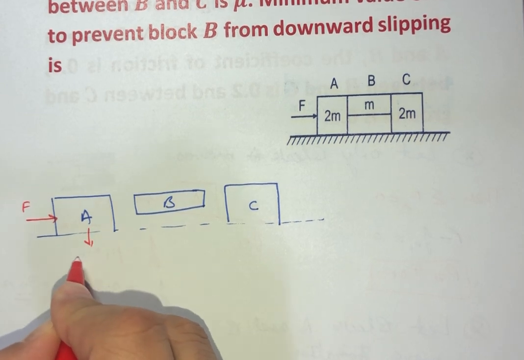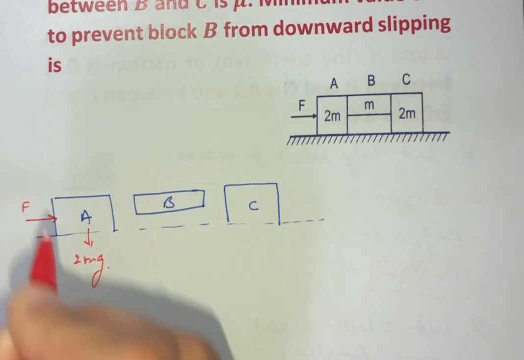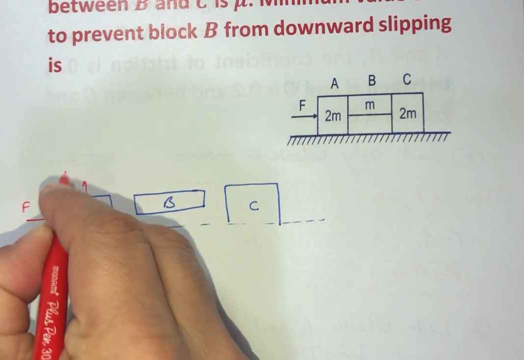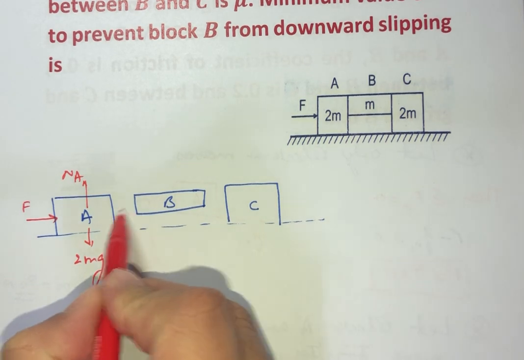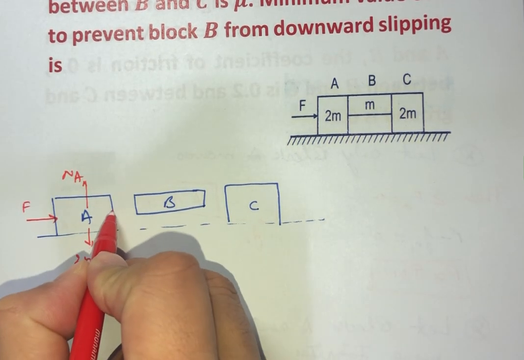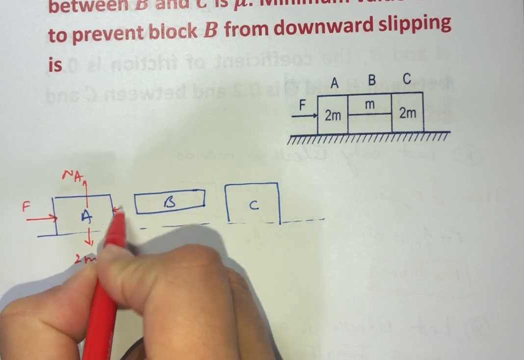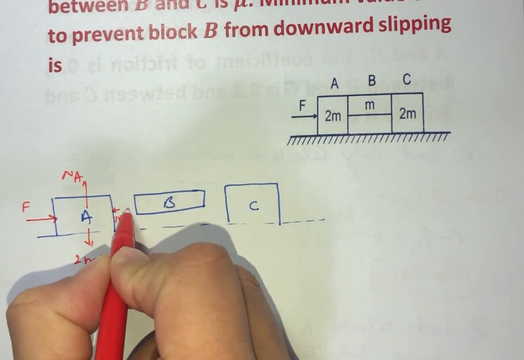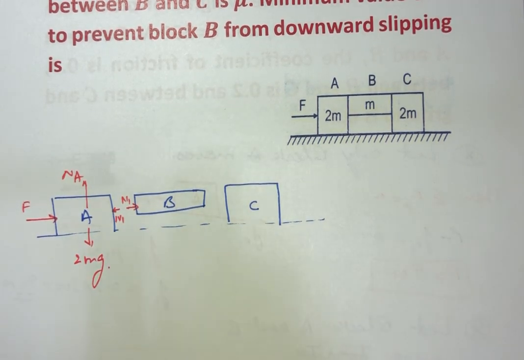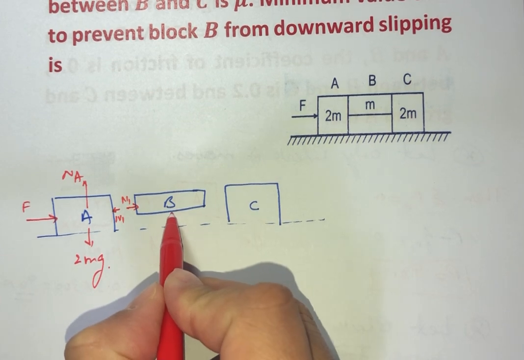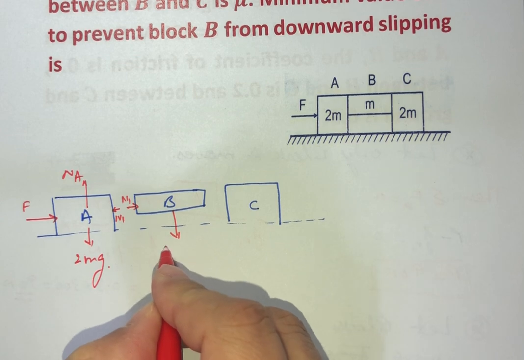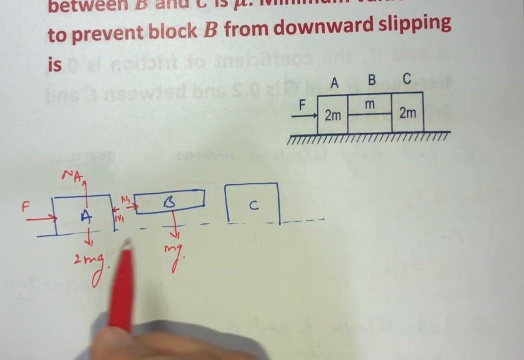So there will be 2mg in the downward direction and a normal, let us suppose Na, acting in the upward direction. Then because of the interaction of block A and block B, let us suppose there is an N1 here, and equal and opposite N1 will be acting on B also, and there will be a weight mg.